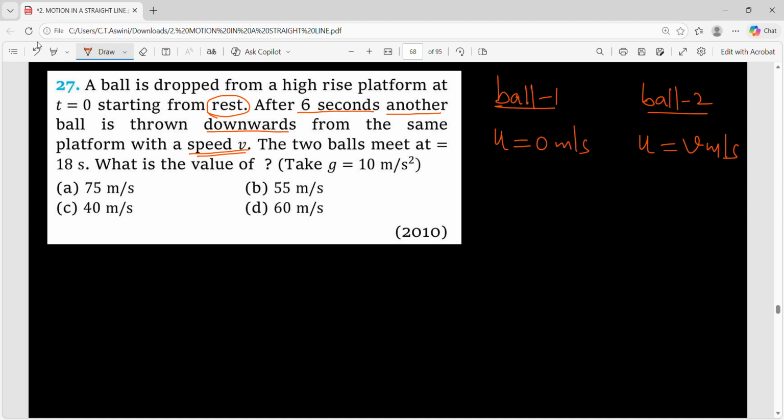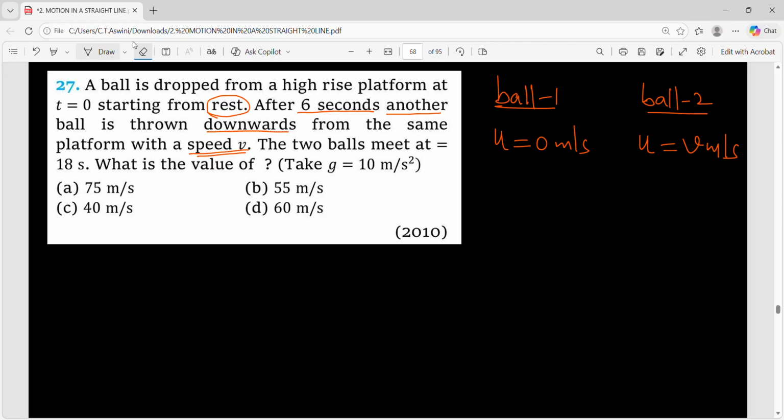Now, both of them are dropped from the same platform. That means their heights are same. So I can say if this is distance x1, if this is distance x2, both of them are equal. The two balls meet at 18 seconds. So when are they meeting? They are meeting at 18 seconds. When do they meet?